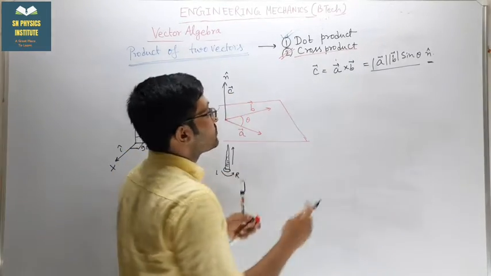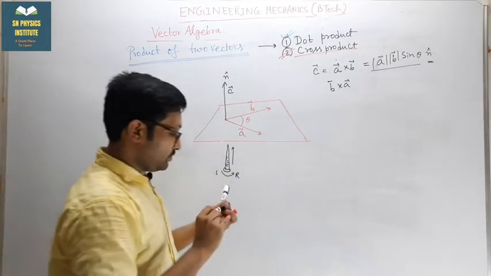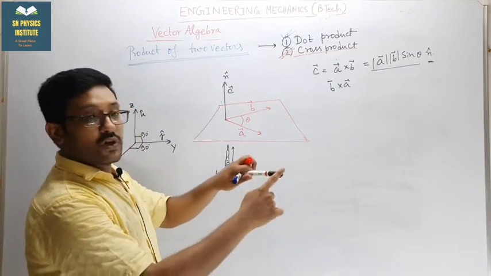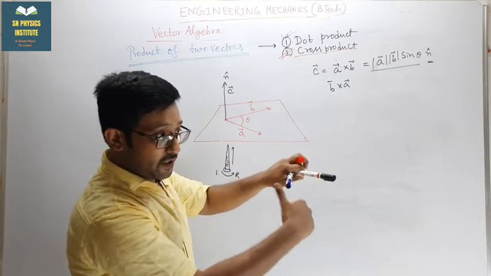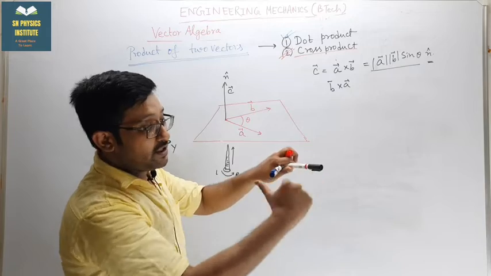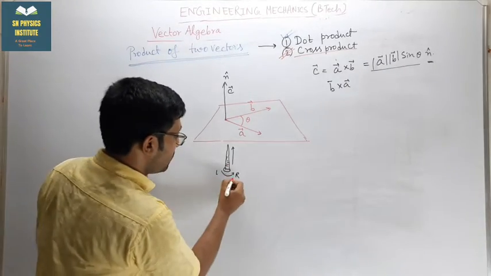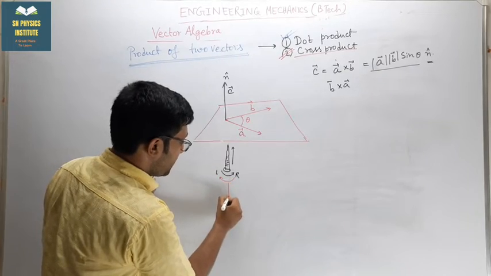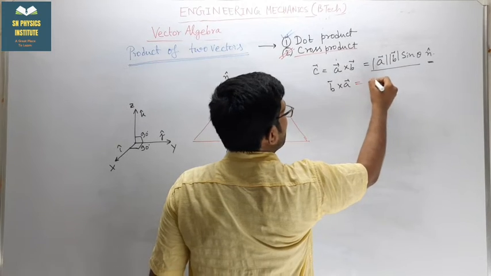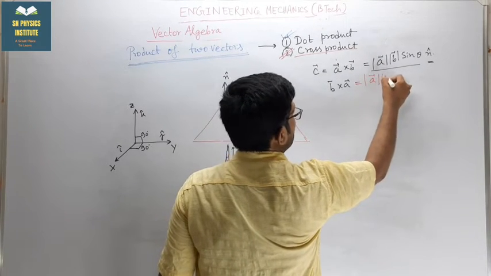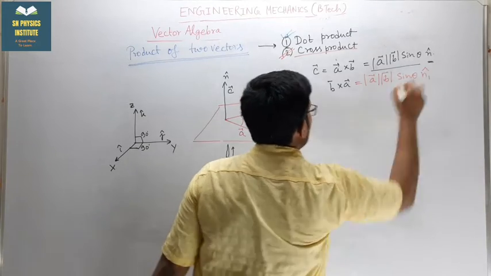But if you want to find the B cross A, B vector is this one, A vector is this one, and B cross A means you have to rotate the B vector toward the A vector. So which direction is it? You are moving right to left. If you move right to left, then the perpendicular is the downward direction. So in this situation the magnitude is the same, no problem, but the direction is, I am writing, n1 cap.